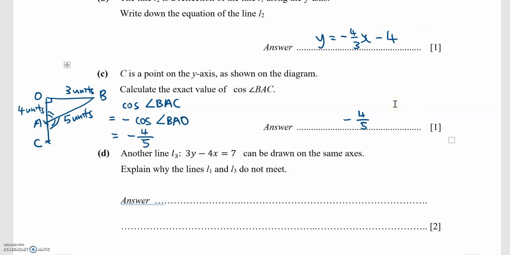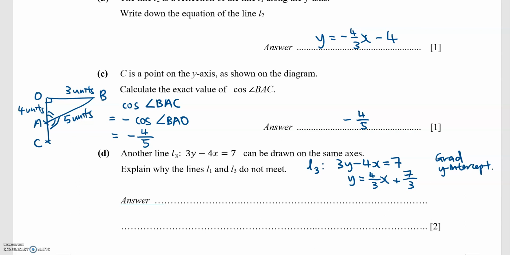So the first thing that I will do is to rearrange the components of the equation of L3 to give me y equals 4 over 3x plus 7 over 3. Now, the reason for me writing it in this y equals mx plus c form is for me to do a comparison based on their gradient and also their y-intercept.